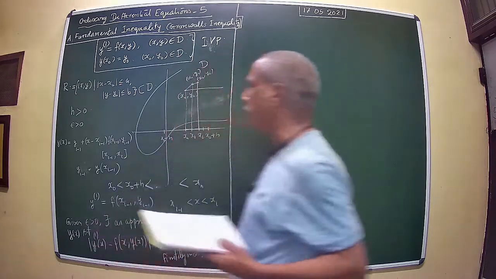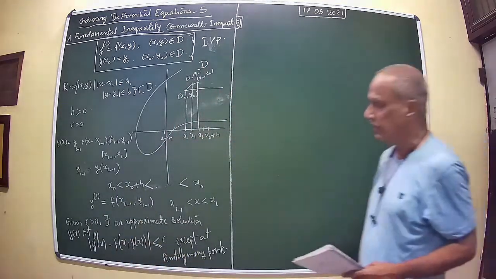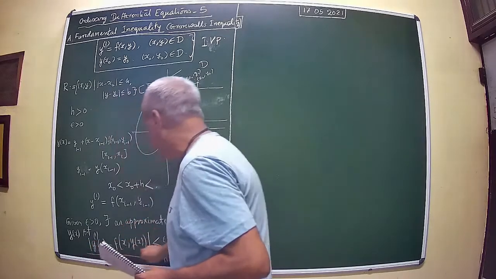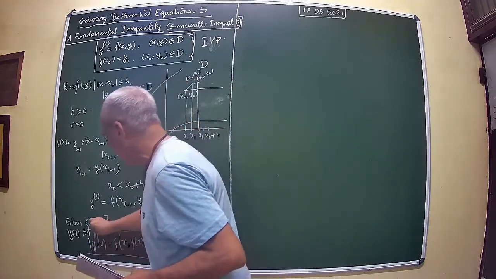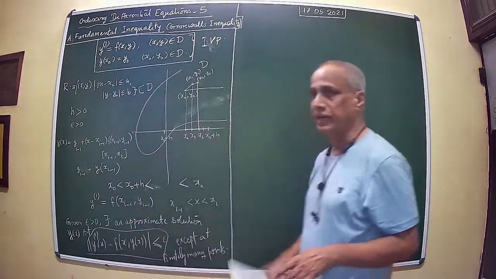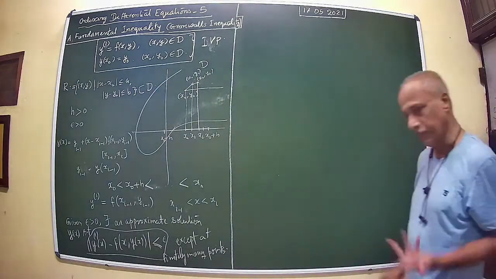Now this is what we proved. So there is an approximation. This is the sense in which you say that y is an approximation. This relation can fail at finitely many points.